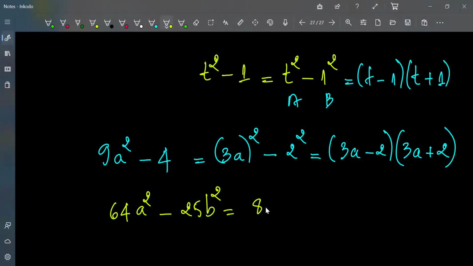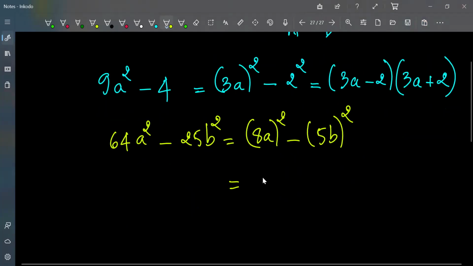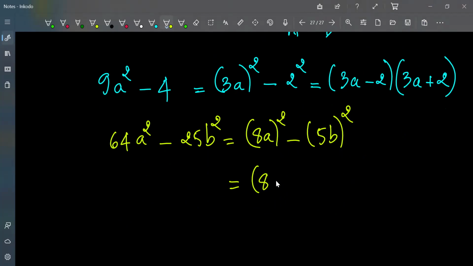So it's 8a square minus, and 25 we can write as 5 square. So 25b square is equal to 5b square. So now we can write it as 8a minus 5b multiplied by 8a plus 5b.